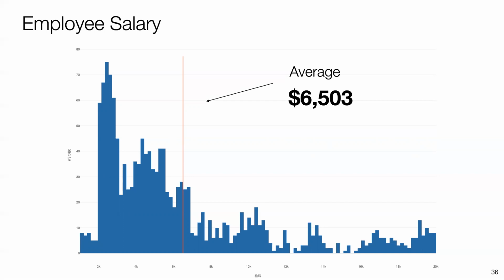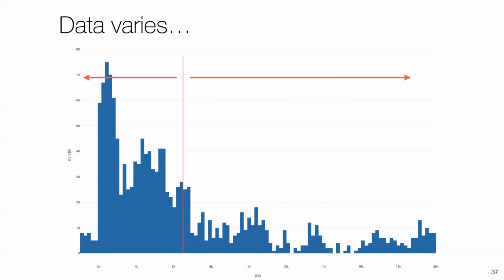You see a lot of different salaries. So the average doesn't really tell you the whole picture. People have different salaries, and this is called variation. By the way, this data has a relatively big variation in salary.